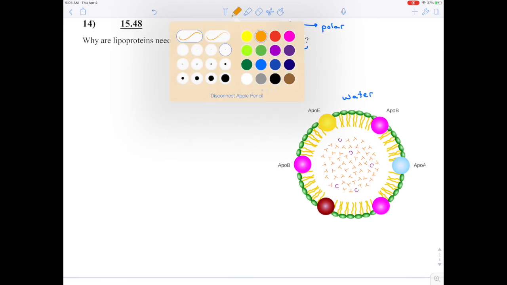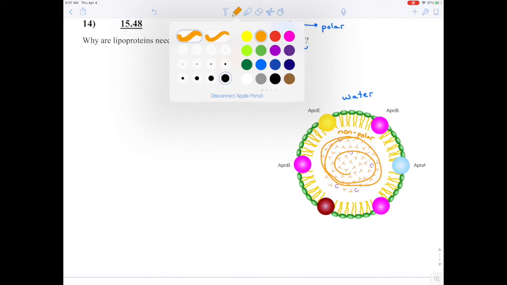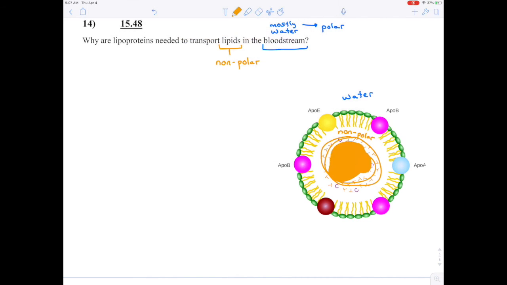The tails will all face the inside, and they can face whatever oils or lipids you need to transport around your body because they're nonpolar. So all these letters here are representing lipids, big globs of oils. Here, you'd have the oil in the center.